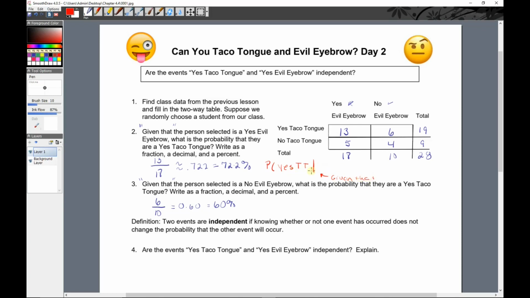So yes taco tongue, given that they are yes evil eyebrow. And this, the yes evil eyebrow, is the condition. Down here we also have probability of yes taco tongue, but now it's given that it's no evil eyebrow.